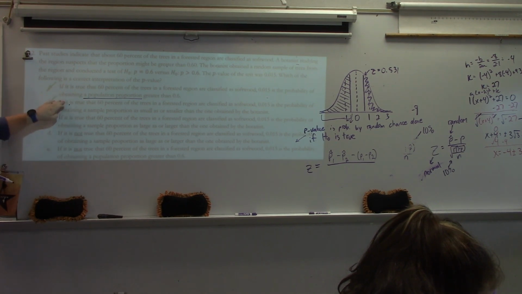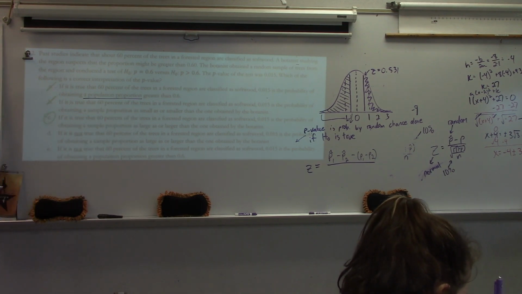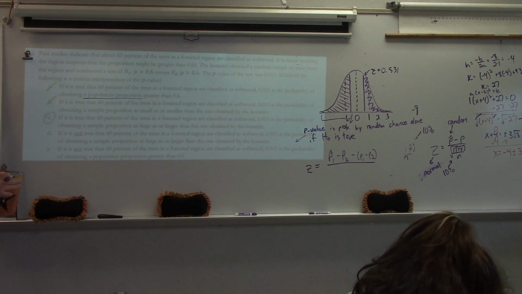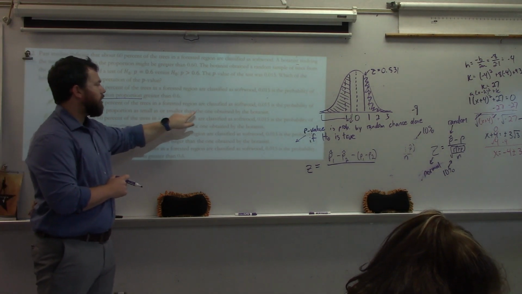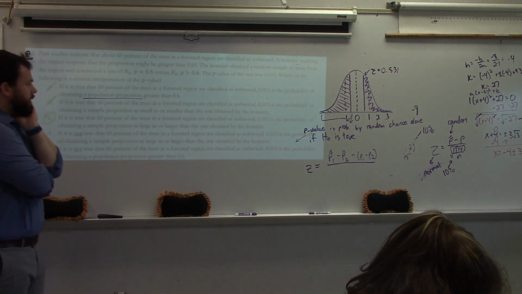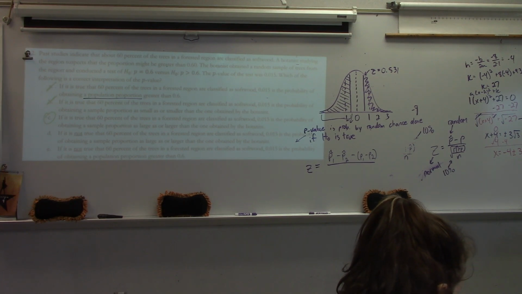So notice how this is my null hypothesis each time. So if it is true that 60% of the trees in a forested region are classified as softwood, 0.015 is the probability of obtaining a sample proportion as small as or smaller than the one obtained by the botanist. That's very close, but what's the issue? The wrong way.